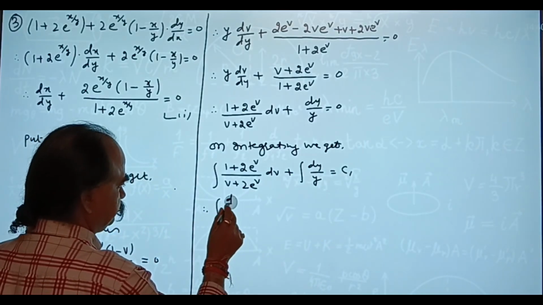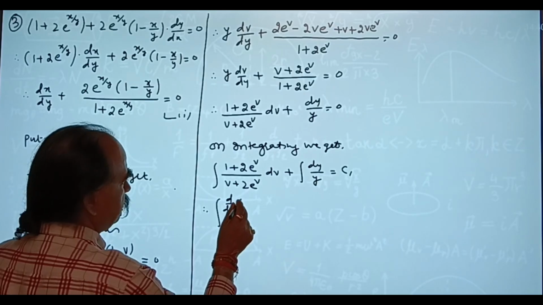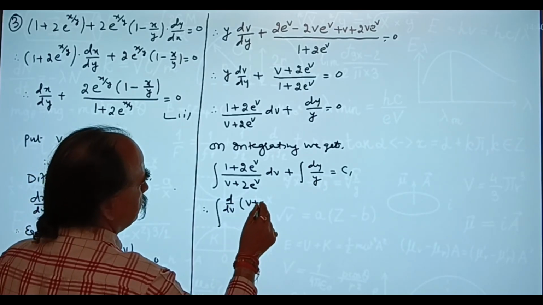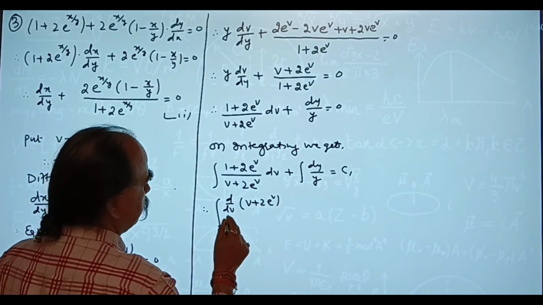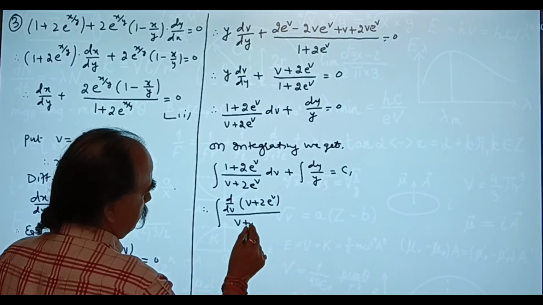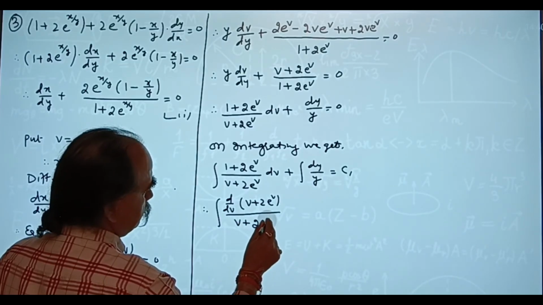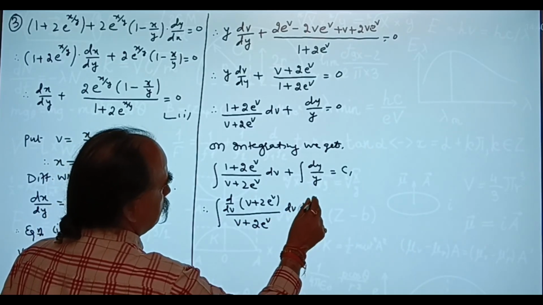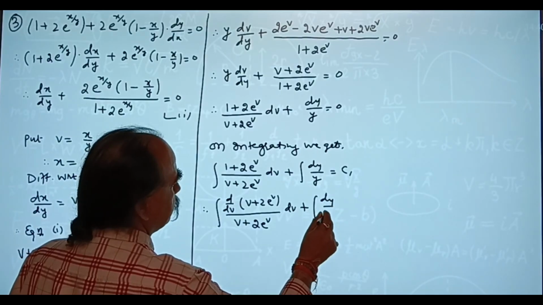Numerator is what? d by dv of v plus 2 e raised to v, plus integral dy upon y.